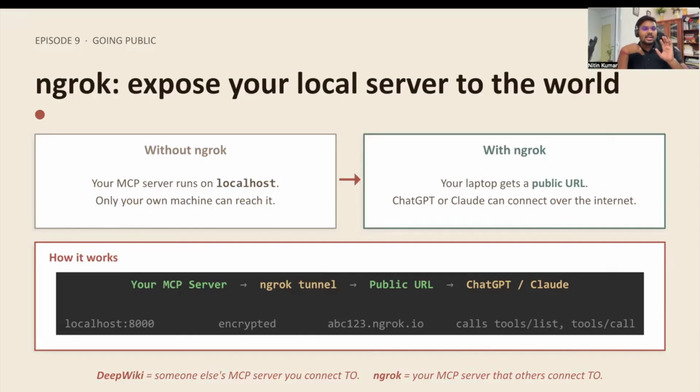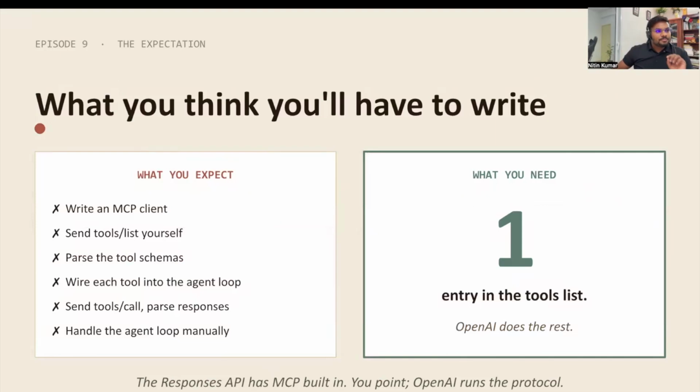It's a very basic tool that exposes our MCP server through an ngrok tunnel to a public URL. Now I have a public URL, and on this URL, OpenAI, GPT, Claude, anyone on the internet can access my MCP server. That's the simple idea of ngrok. In simple language, it creates a public URL so you can get access from the internet. Very simple, very basic.